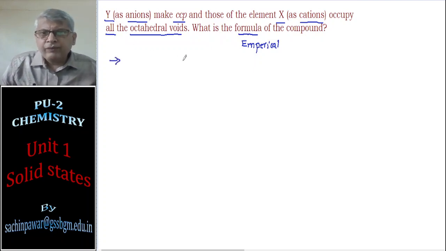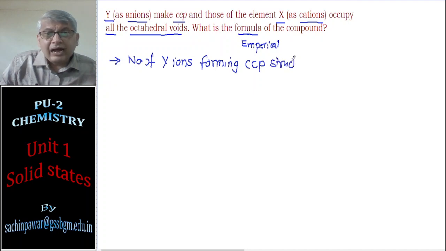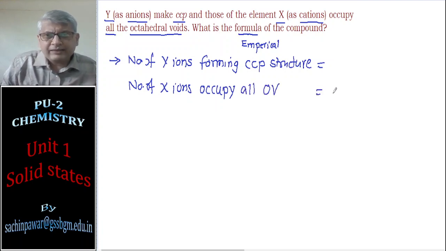We want the ratio of X and Y. So I will say the number of Y ions forming CCP structure I have to know, because I want the ratio, and I also want to know the number of X ions which occupy all the octahedral voids.